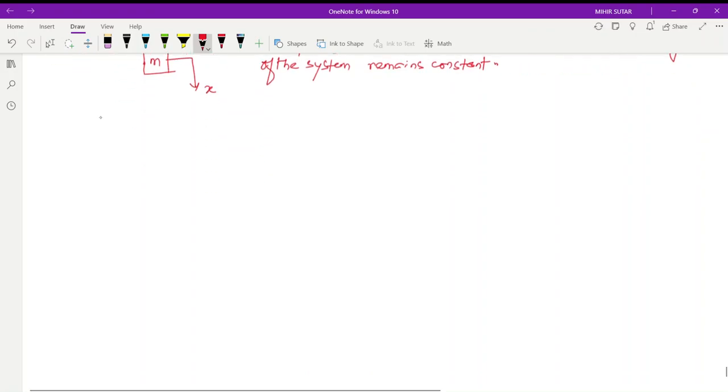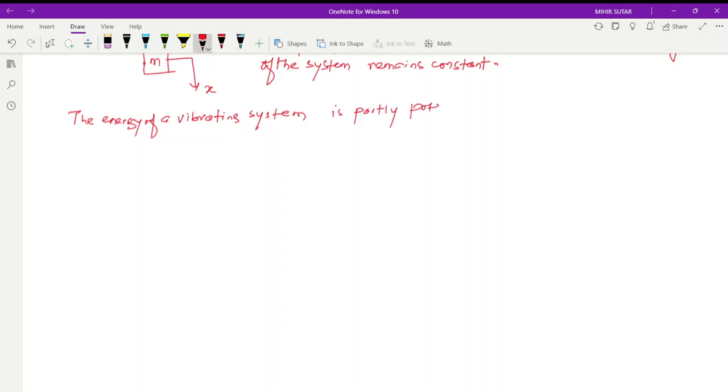The energy of a vibrating system is partly potential and partly kinetic.